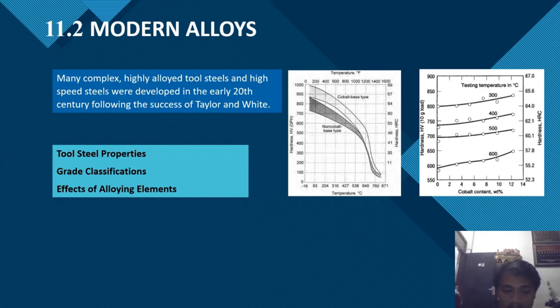And the cobalt, the main effect of cobalt in high-speed and tool steel is increased red hardness, which increases the cutting efficiency when high temperatures are encountered at the cutting surface. So the temperature we can see in here, when they have the best temperature, they will have the best effect.